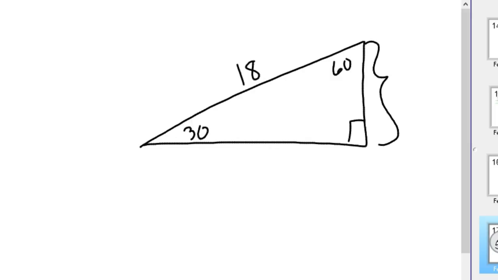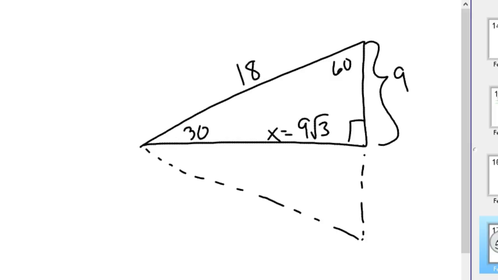Well, this short side is the other half of the 30, 60, 90. So this short side is 9 because it's exactly half of 18. And then using Pythagorean theorem, we could find this side, which is 9 root 3. So there's all three sides of a 30, 60, 90.